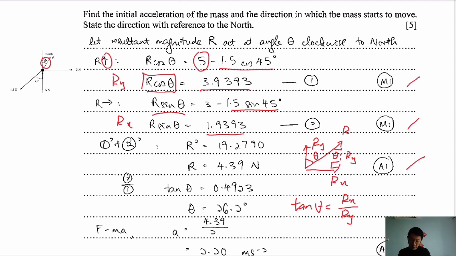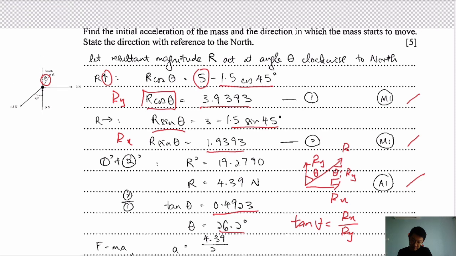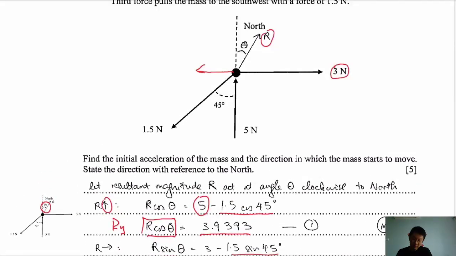By using this, we get tangent theta equals 0.4923. With that 0.4923, we can solve for the theta. So the theta is 26.2. So we know that the resultant is going in this direction, which we have already circled earlier on. So this is our resultant.